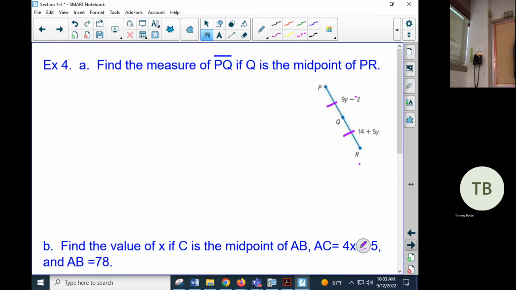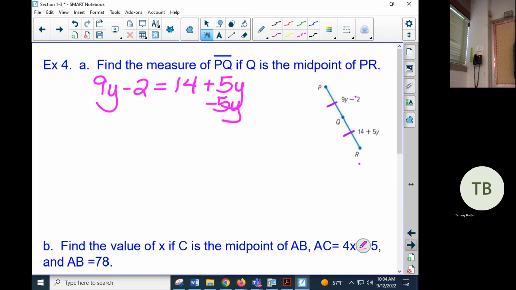So I could say 9y minus 2 equals 14 plus 5y. Now what I'm going to do is bring my y's to one side, my numbers to the other side. I would bring the 5y over, so I'm going to subtract 5y.